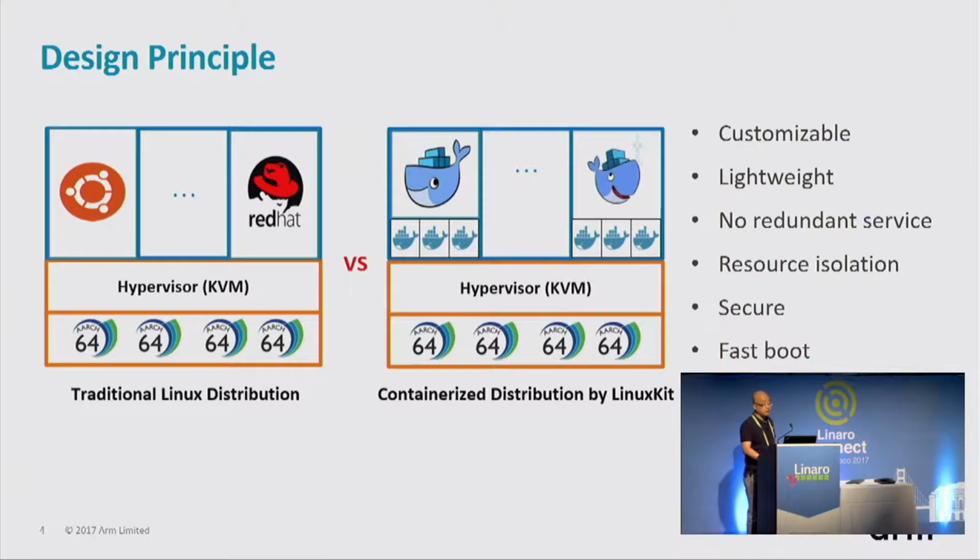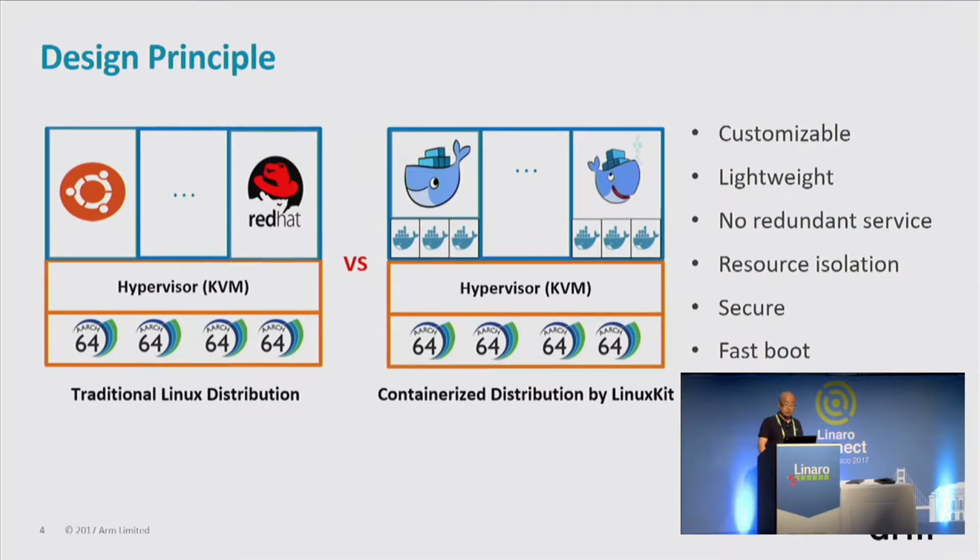There are two diagrams in this slide. The left is for the traditional Linux distribution. We also call it a general purpose Linux distribution. And on the right side is the containerized distribution by LinuxKit. Sometimes we call it the LinuxKit distribution or LinuxKit system.